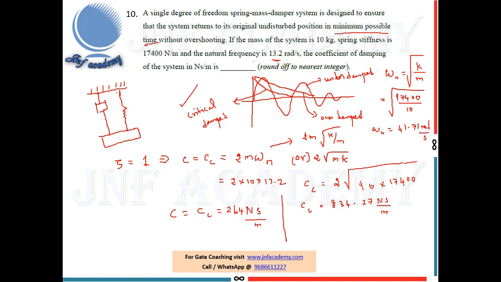Suppose you use the mass as 100 instead of 10, this value is wrong. If you put 100, you will get omega n as 13.2 radian per second.